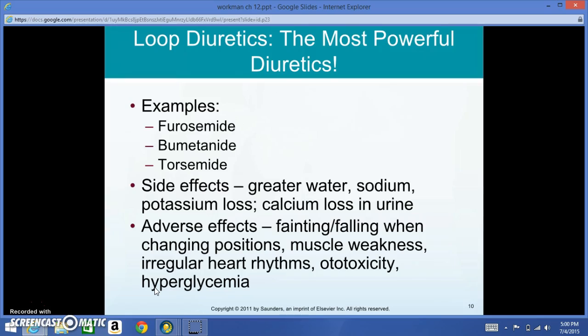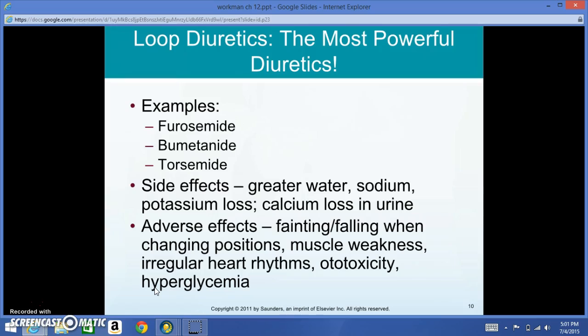So, loop diuretics act on the ascending loop of Henle, which I've shown you in the kidney. Loop diuretics are the most effective in patients with impaired kidney function. Here's how it works. When you are a newly diagnosed patient with hypertension, typically they will start you on a thiazide drug.